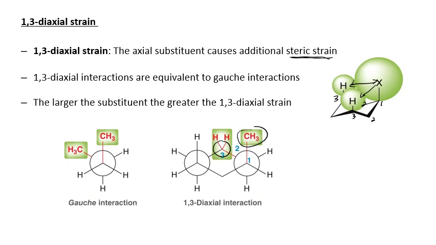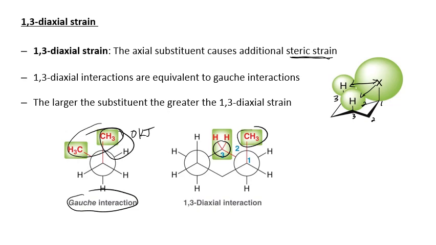So that's for a substituted cyclohexane. Remember, gauche interactions cost energy. So a methyl-methyl gauche is not the same interaction as a methyl-hydrogen gauche. This is 0, but a methyl-methyl gauche has an energy cost.